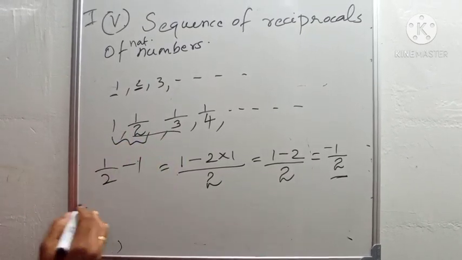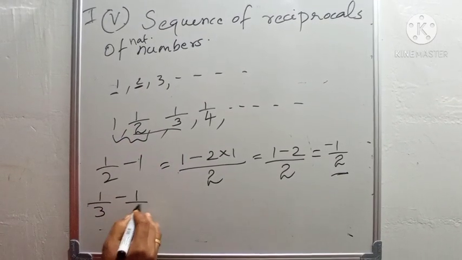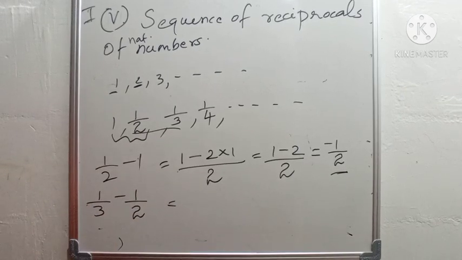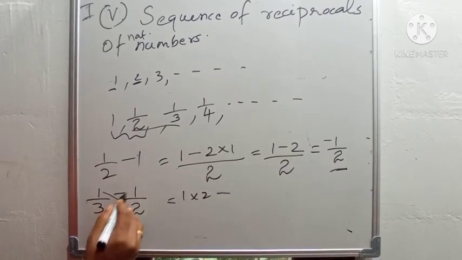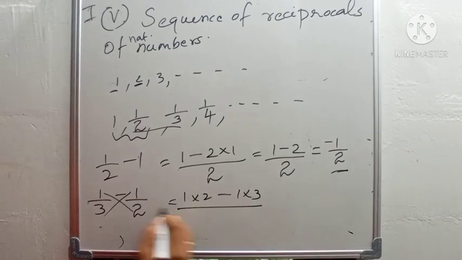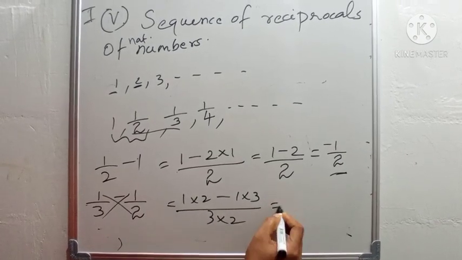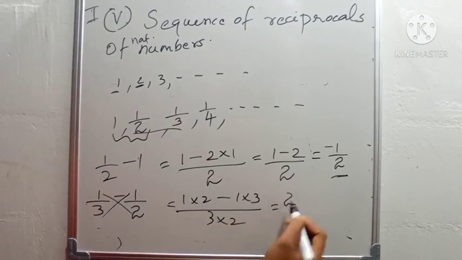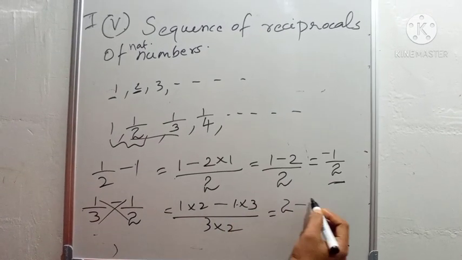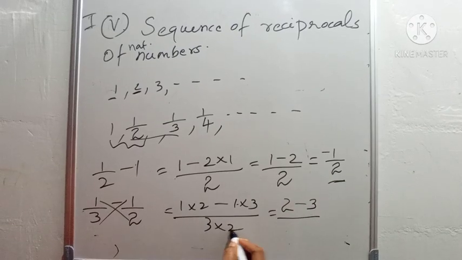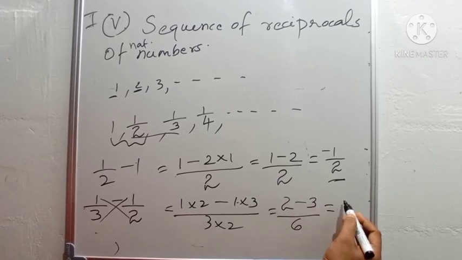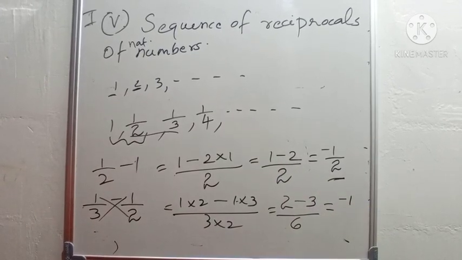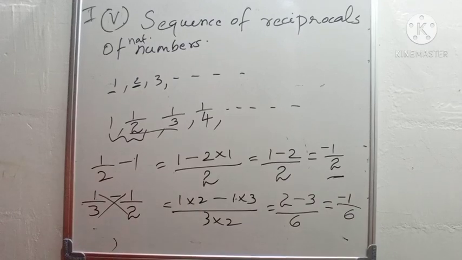Then what about 1 by 3 and 1 by 2? The difference between 1 by 3 and 1 by 2. Here the denominators are not the same, so we can use the cross multiplication method. That is 1 into 2 minus 1 into 3 divided by 3 into 2. 1 into 2 is 2, 1 into 3 is 3, and 3 into 2 is 6. 2 minus 3 is negative 1, so negative 1 by 6.